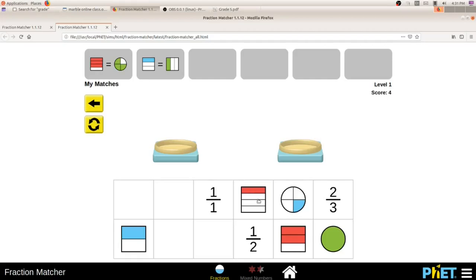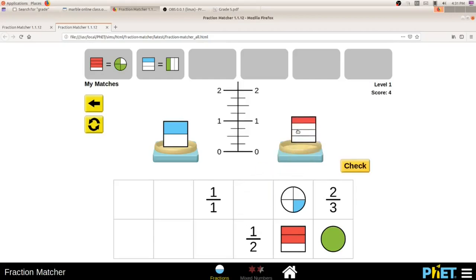So I'll pick one picture from here. Suppose I am picking this picture. What is this one? Out of 2 parts, only one part is shaded, so the fraction is 1 by 2. So I know that this is the answer, but I am purposely going to give the wrong answer to show you the try again button and show answer button.